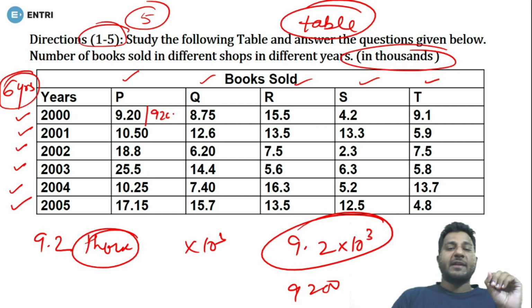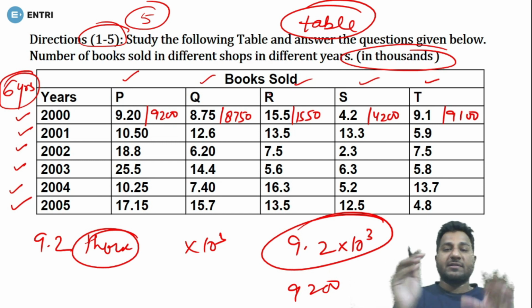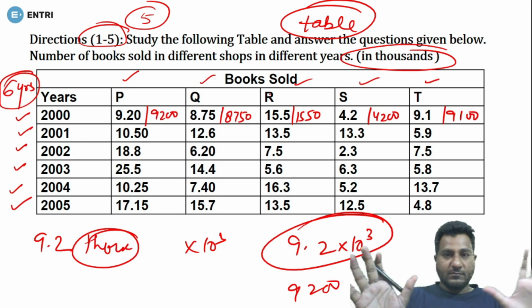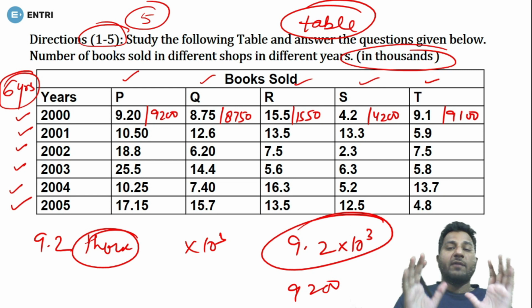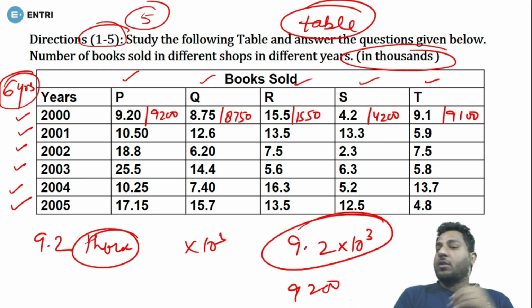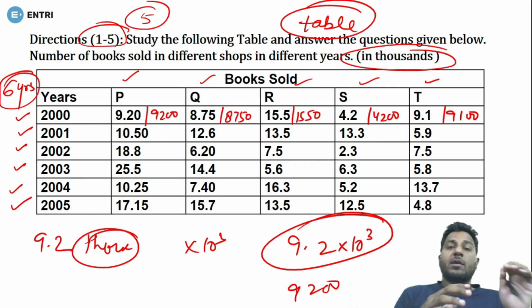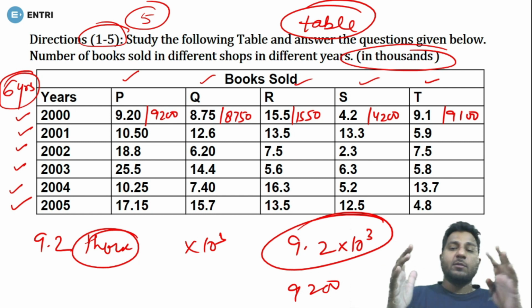Okay, like 9200, like 8750, like 1550, like 4200, like 9100. So you need to understand the concept. I hope you have understood the table, because if you are not able to understand this table, you might not be able to solve the questions given on this particular DI. So let's move on and see what the questions are like.